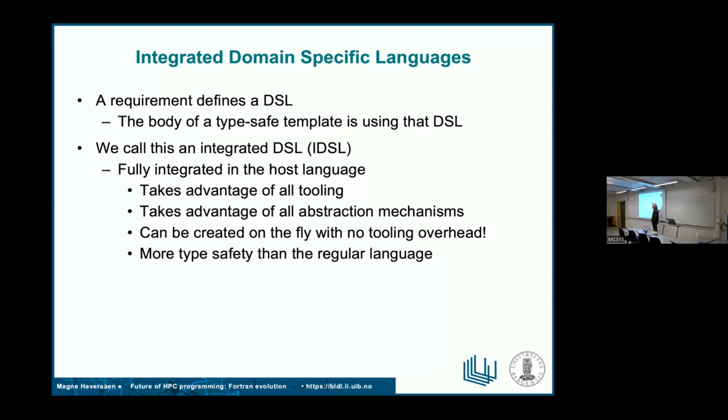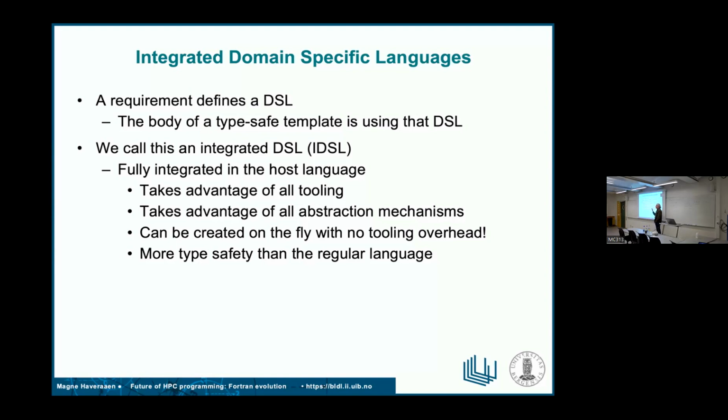You use all tooling that exists for that language already. You can use all abstraction mechanisms that are there, use your derived types, build them the way you want, use them as arguments matching the requirements, use them inside your body to build new abstractions. It's all available because you are programming in a full-fledged programming language.